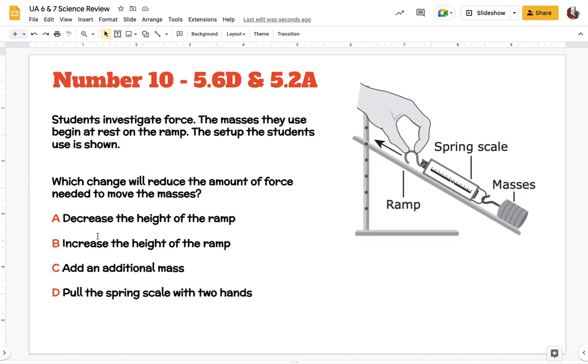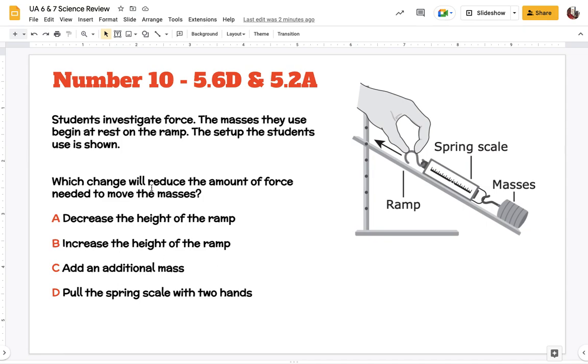If the hill is a lot flatter, is it going to take as much work for you to walk up it? No, probably not. But if you go up a really, really steep hill, are you going to have to really work hard to get yourself up there? Absolutely. So for this one, we want the ramp to decrease in height, so it's a lot easier for us to pull the mass across the way.